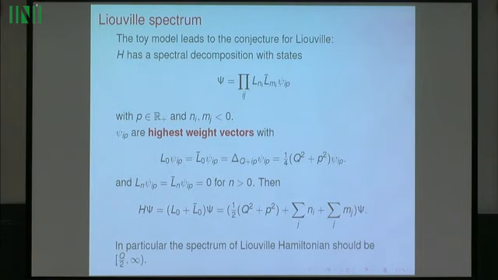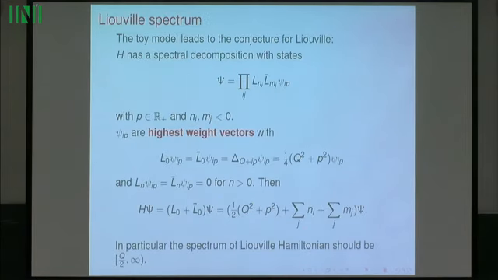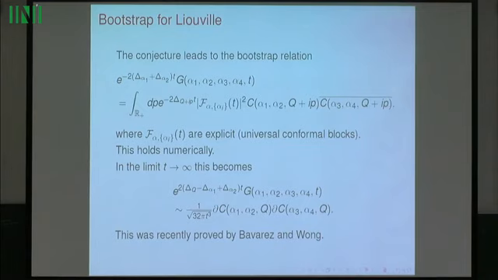So in particular, the Liouville spectrum should look like something starting from Q over 2 and going to infinity, the spectrum of the Hamiltonian. And if this picture is correct, if this is the Liouville spectrum, if the whole spectral decomposition is gotten from these states, then this leads to the bootstrap relation exactly in the same way as I did it for the mini superspace.